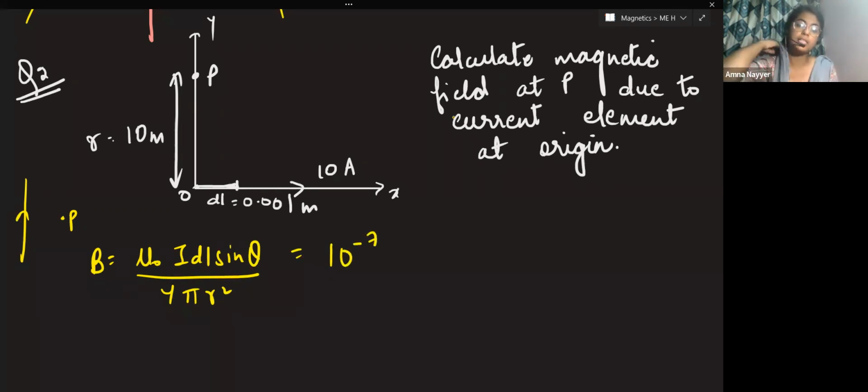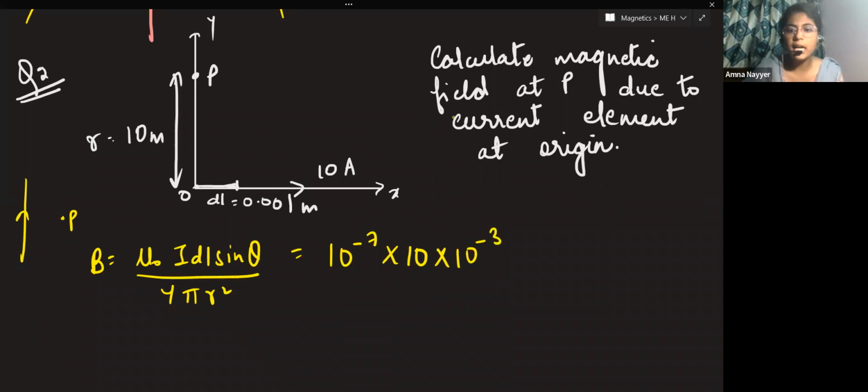I is the current flowing through this conductor, which is 10 amperes. dl is the current element, the small section cut from the wire, that is 0.001, which I can write as 10 to the power minus 3.